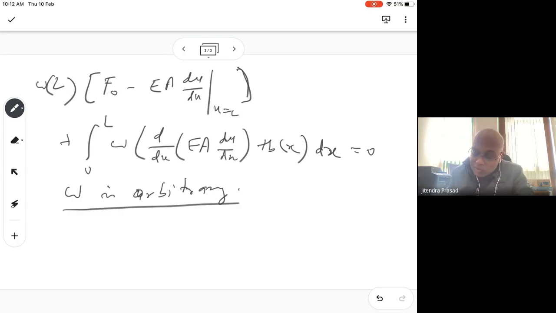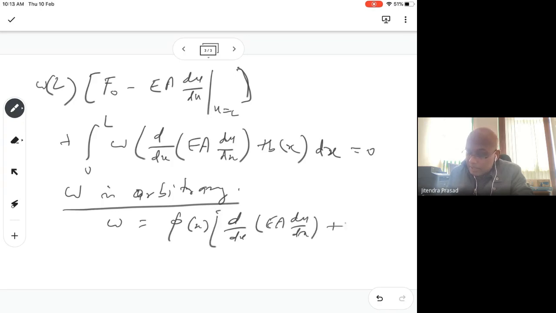So you can choose W equal to phi x multiplied by d over dx, EA du over dx plus bx, right?